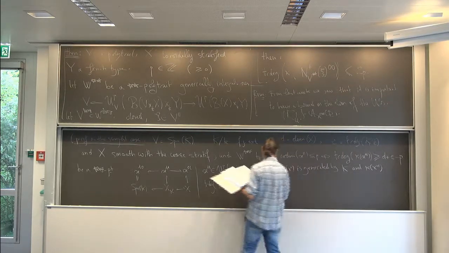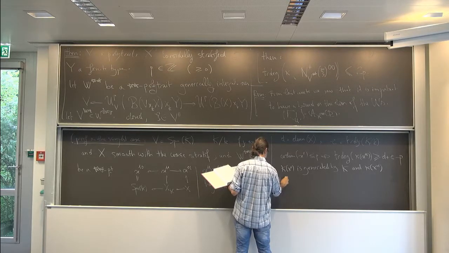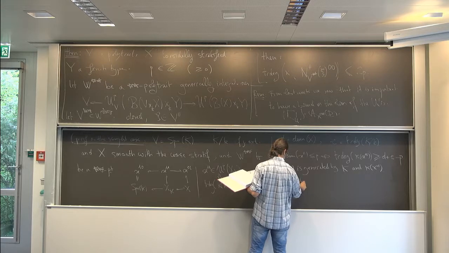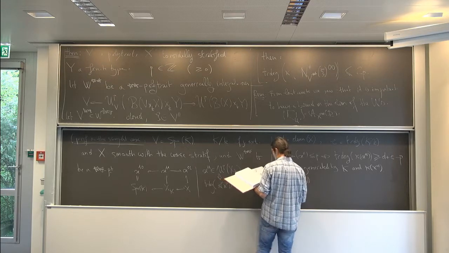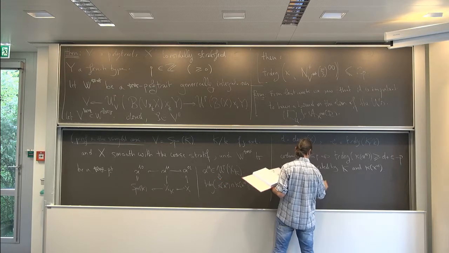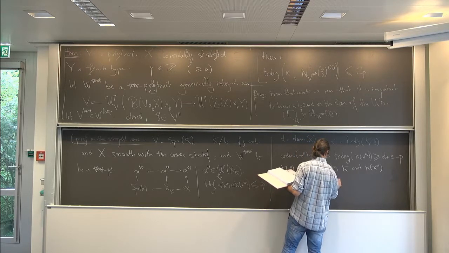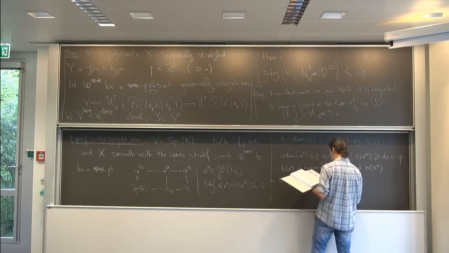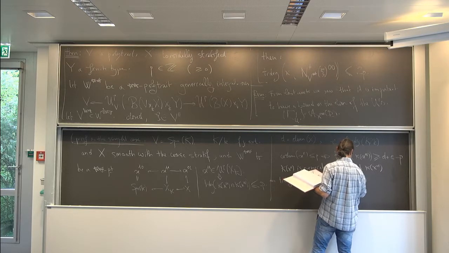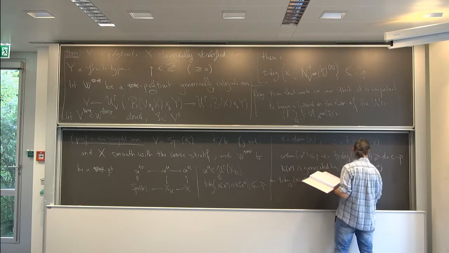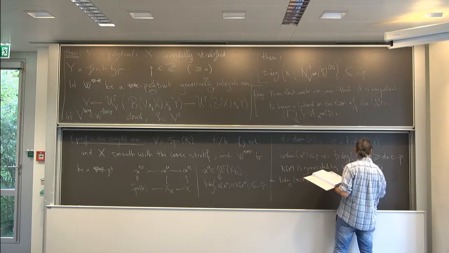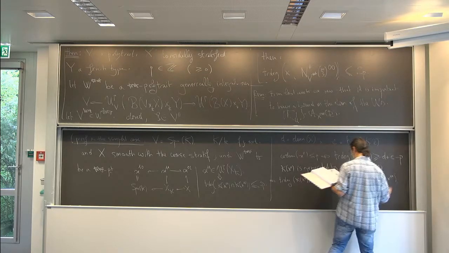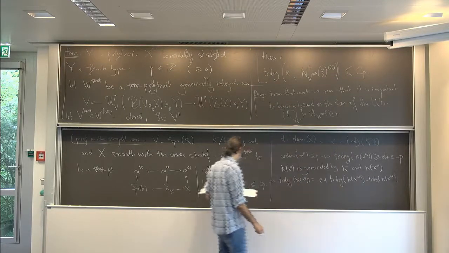And so we have that the transcendence degree of kappa x11 is equal to e plus the transcendence degree of kappa x01 minus the transcendence degree of kappa x00. Okay, kappa x00 is the intersection.